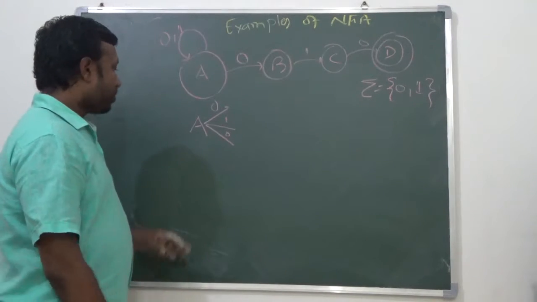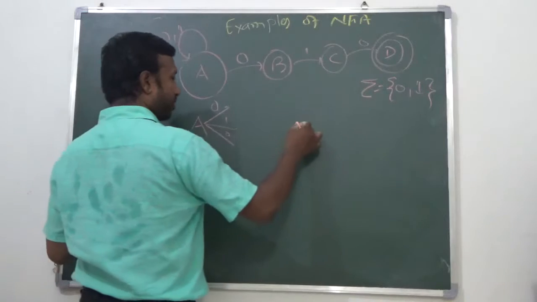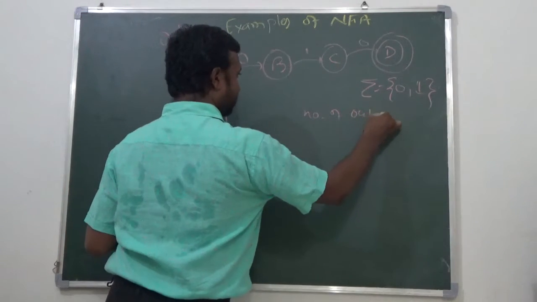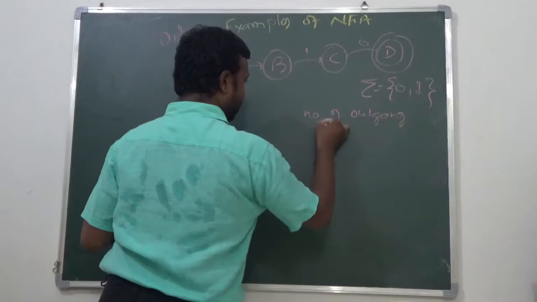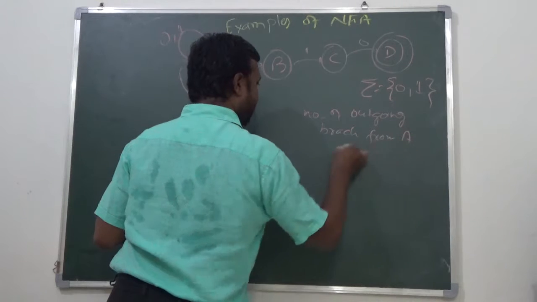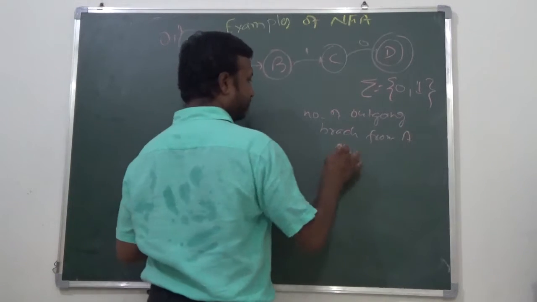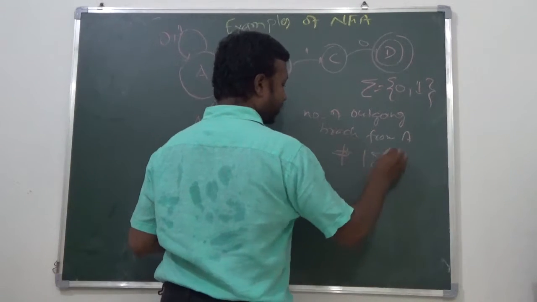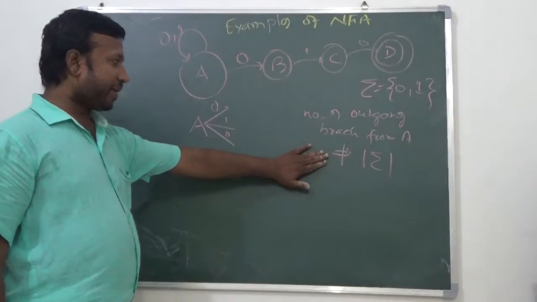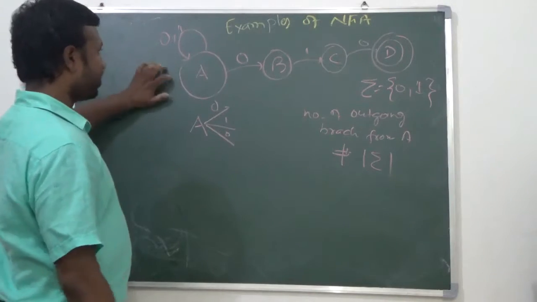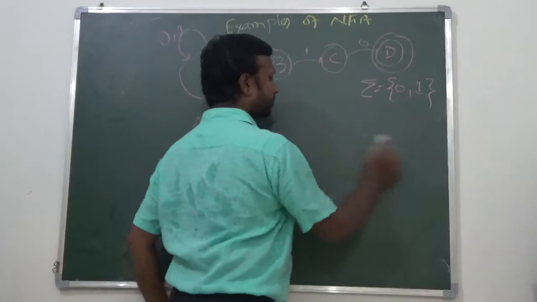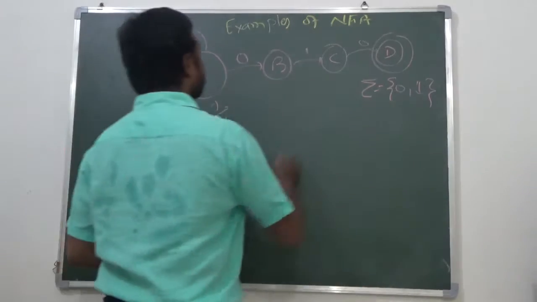So the number of outgoing branches from A is not equal to the length of sigma. Since we have this property, we can say this machine is an NFA.